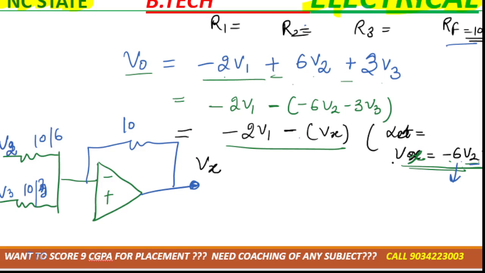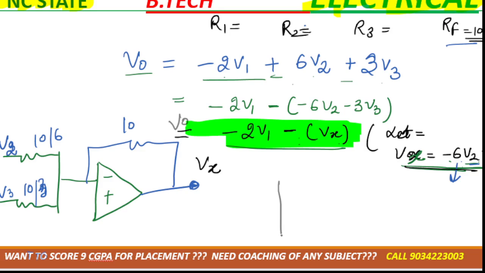Here now we got Vx, but we don't want Vx, we want the V, because they ask us the op-amp structure for V naught. So now Vx is there again, putting the two. Positive terminal is always grounded, and here two voltages are connected, one is 1 and one is, right.